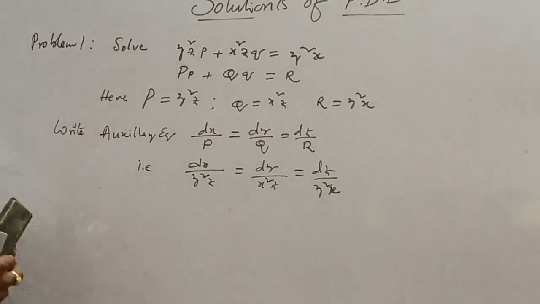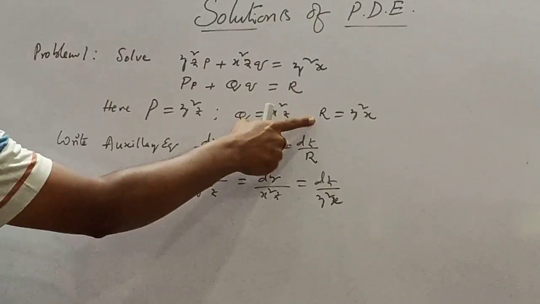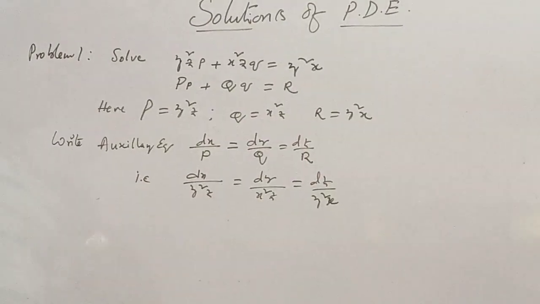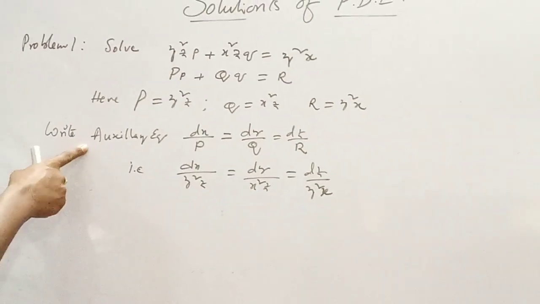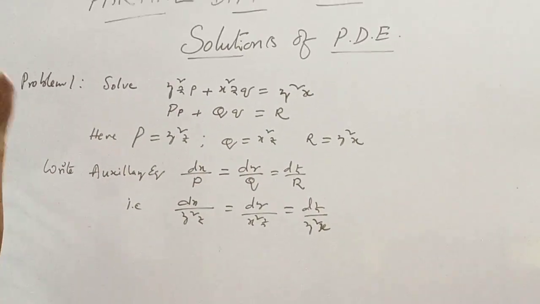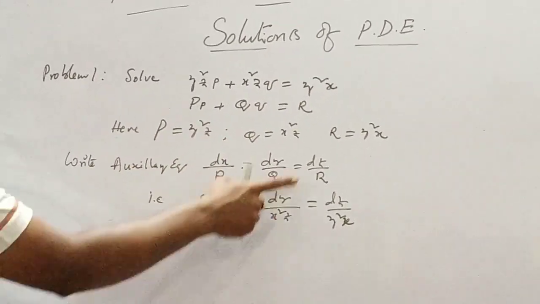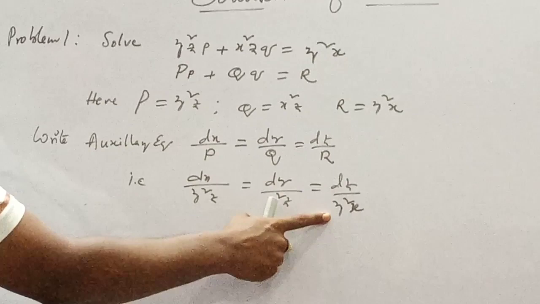Here P equal to y square z, Q equal to x square z and R equal to y square x. Then we write the auxiliary equation dx by P, dy by Q and dz by R, that is dx by y square z, dy by x square z and dz by y square x.